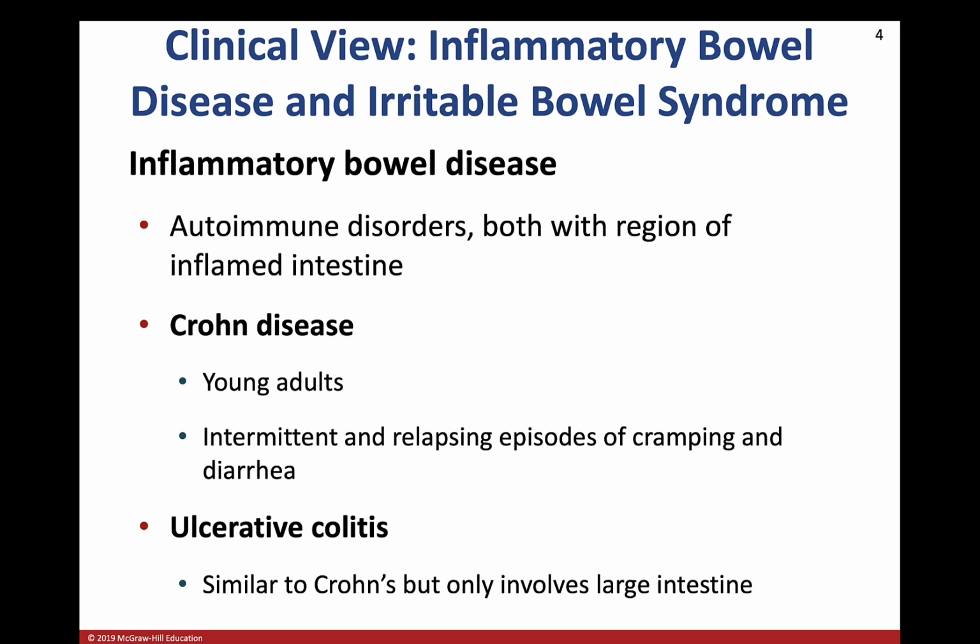There's Crohn's disease. This is something we see in young adults. What this consists of is intermittent and relapsing episodes of cramping and diarrhea. There's ulcerative colitis, and this is very similar to Crohn's, but it does not involve the small intestine and is limited to the large intestine.